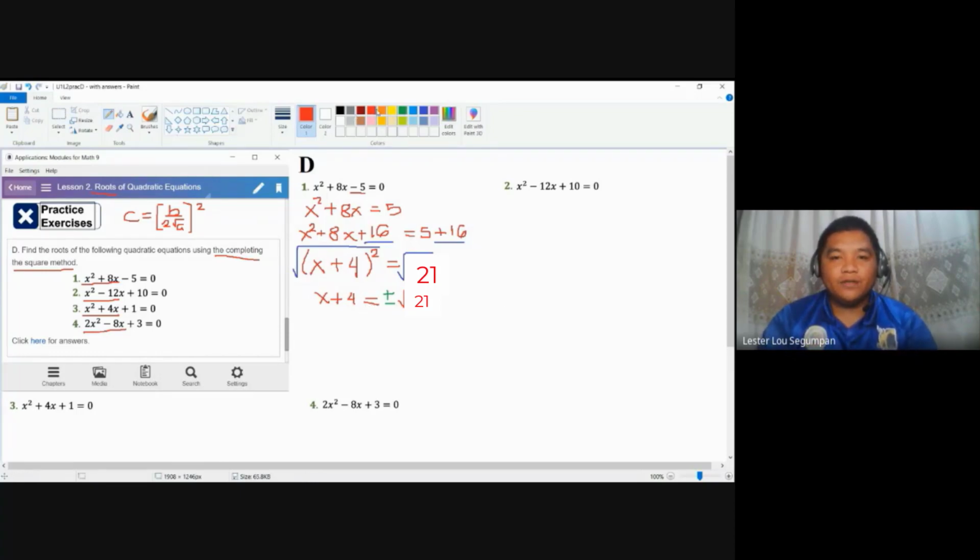So x is equal to plus or minus the square root of 17, minus 4. Let's use x sub 1 for the first possible root, the positive square root of 17 minus 4, and the second, the negative square root of 17 minus 4.